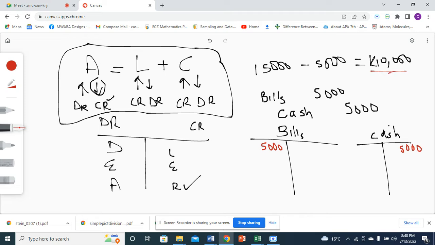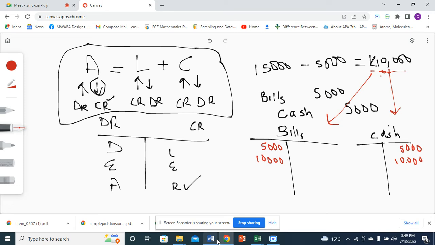Now, since we've got the difference of 10,000, we're going to need to add 10,000 to both accounts so that we can have the correct figure, which is 15,000. So again, you debit the bills 10,000 and you also credit cash 10,000. So 5 plus 10 gives us 15,000. So we have corrected the error.